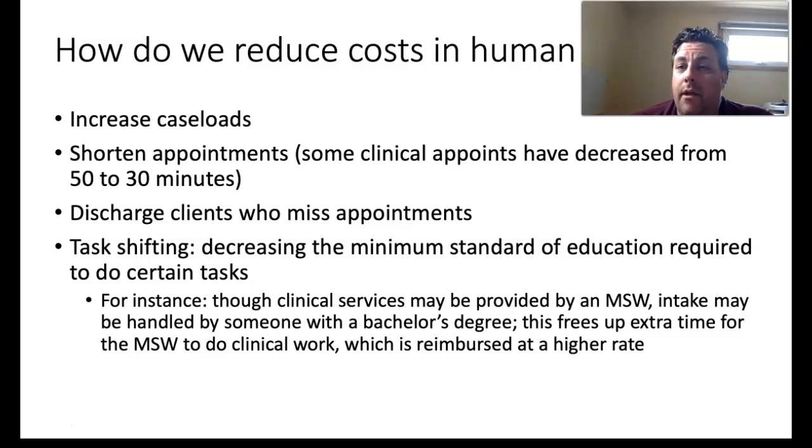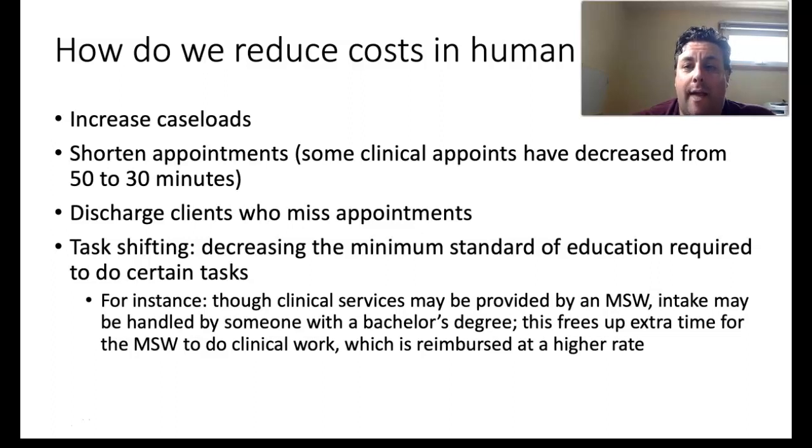In some mental health agencies, MSWs do intakes as well, but in others, it's people with bachelor's degrees. And if the person with a bachelor's degree, who we can pay less because they haven't traveled as far in their education as someone with the MSW, does intake, this frees up time for the MSW to do more clinical work, which of course would be reimbursed at a higher rate.